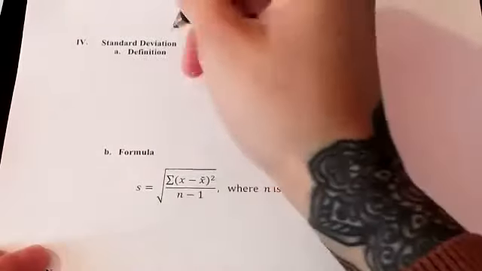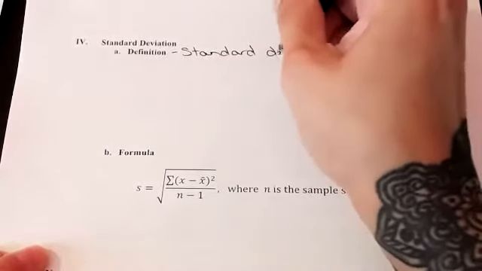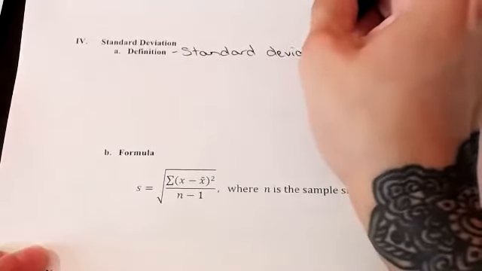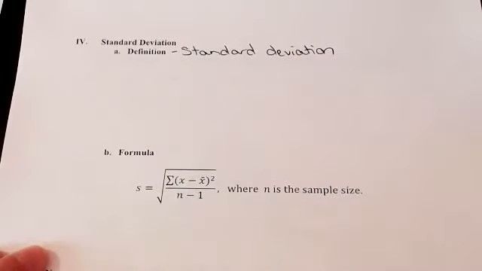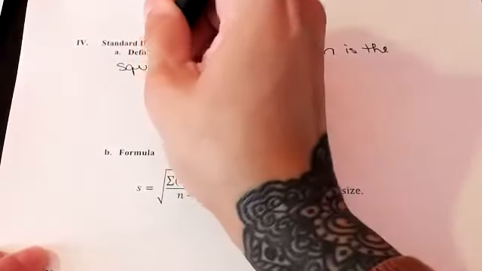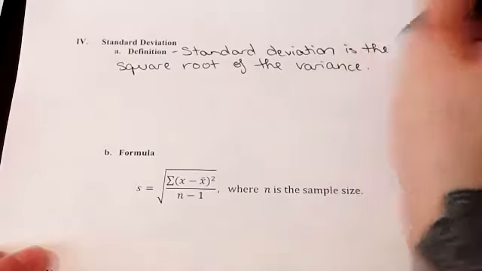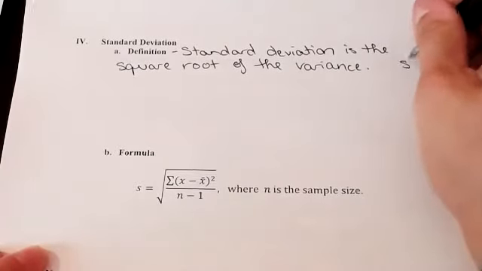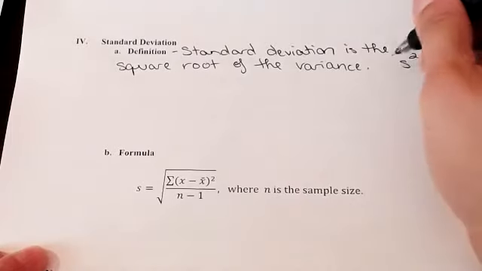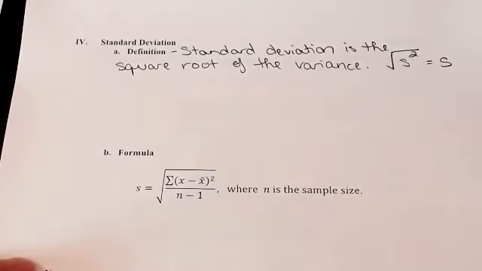Standard deviation. Okay. First things first, standard deviation is the square root of the variance. We talked about this. If variance is s squared, then if we take the square root of s squared, guess what? It gives us s, and s is the standard deviation.